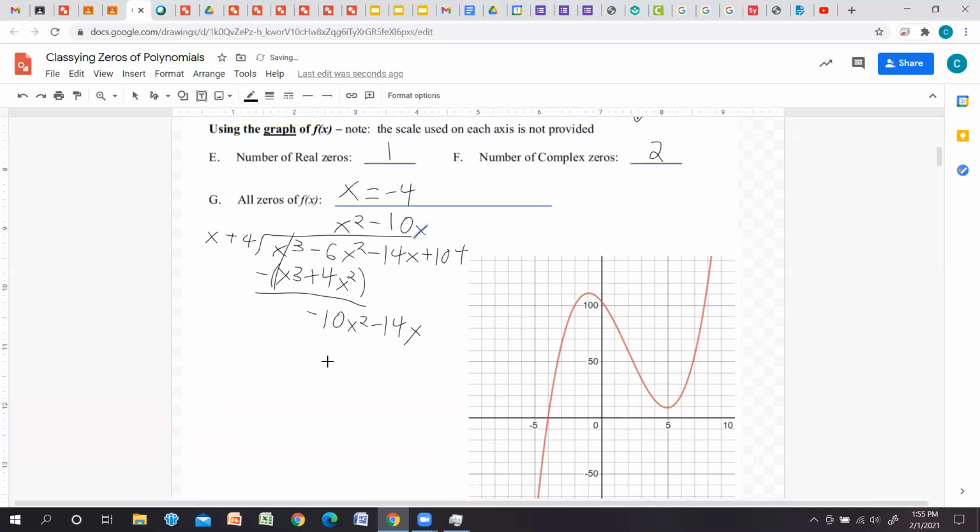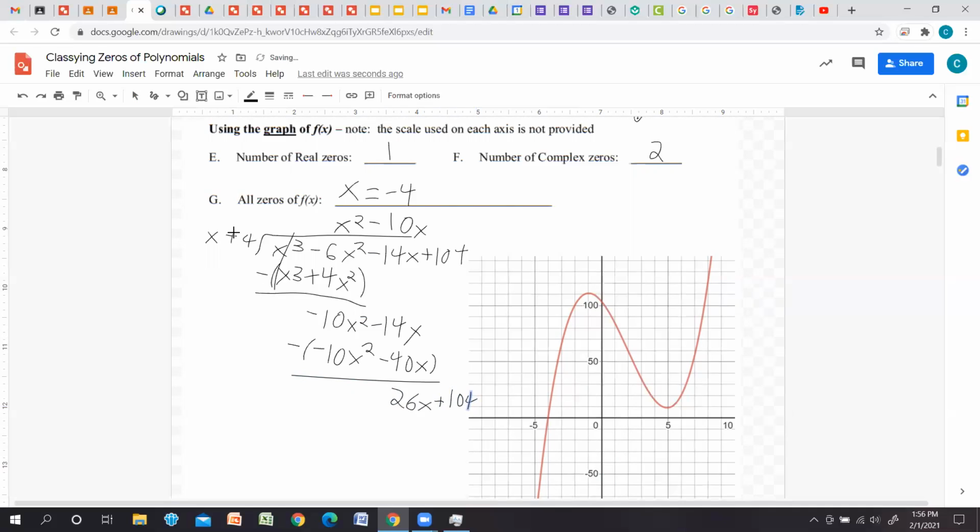We multiply these together, get negative 10x squared minus 40x. Again, we change the sign, and this is actually negative 14x plus 40, so that's positive 26x. You bring down the next term, the 104.